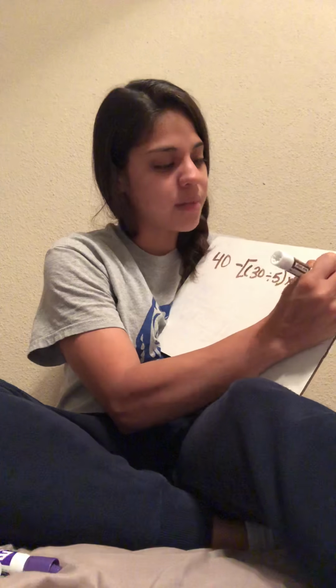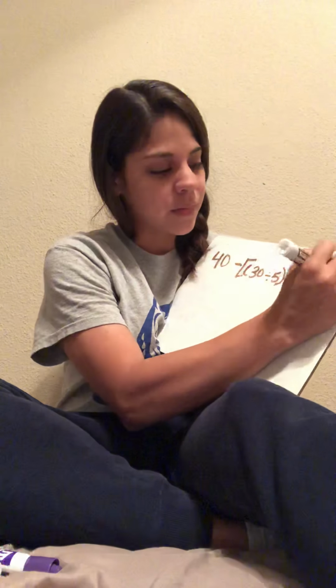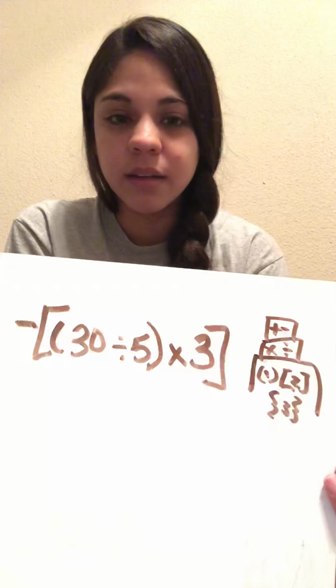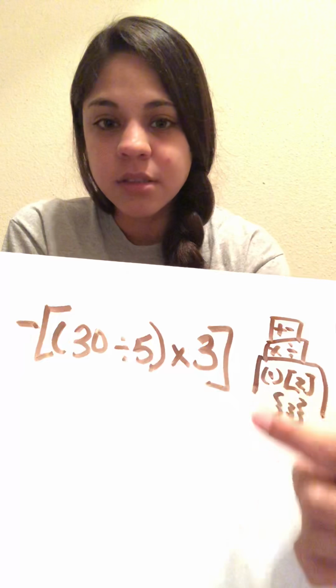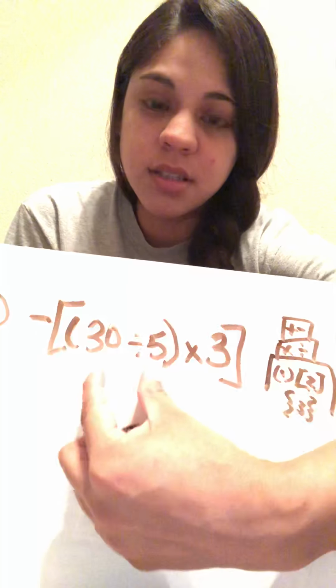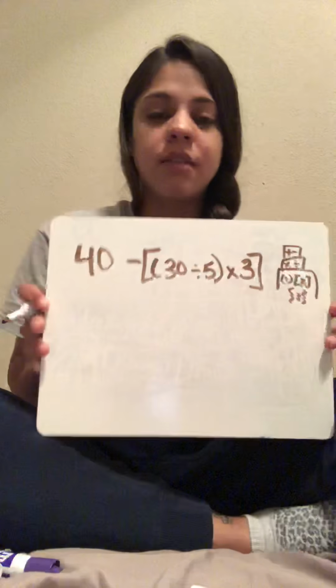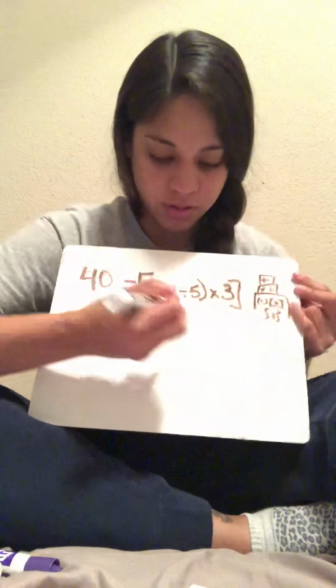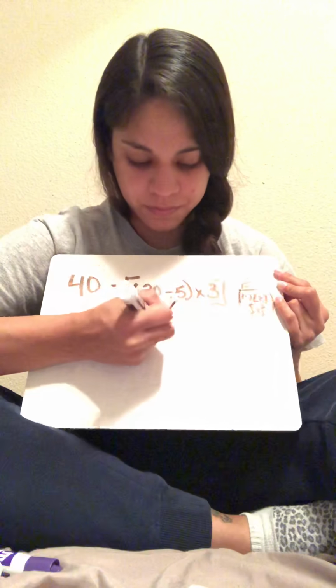First step is parentheses. Second step is brackets. Third step is the braces. Then multiplication, division, and then addition and subtraction. According to my cake, I need to do what? My parentheses. So I have something in parentheses, so this needs to go first. So 30 divided by 5, you know it's 6.